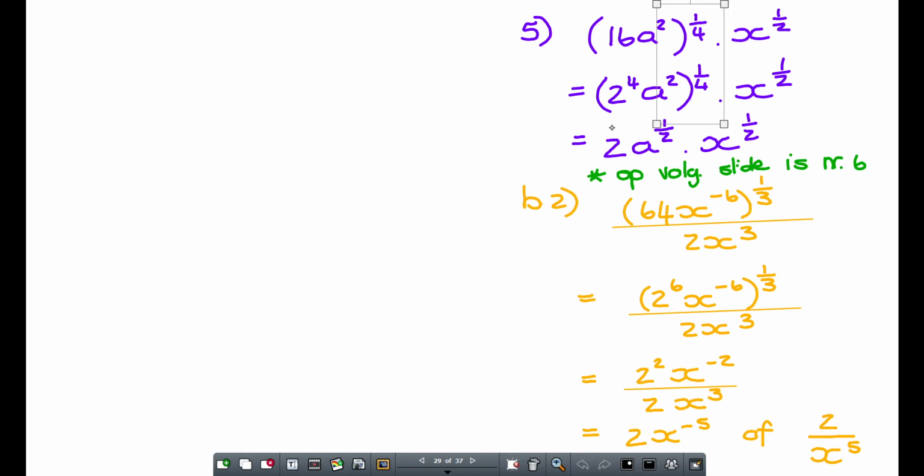So if I go multiply my exponents, 2 to the power of 4 times a quarter, dit gee dan vir my 4 op 4, in other words, that just gives me 2 to the power of 1. Maar ek skryf nie daai een nie, ek skryf net 2. By then, a to the power of 2 to the power of a quarter, as ek dit gaan maal, dan kry ek 2 op 4, but that 2 over 4 is actually just a half.